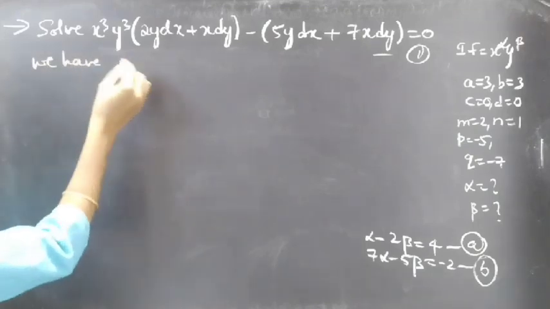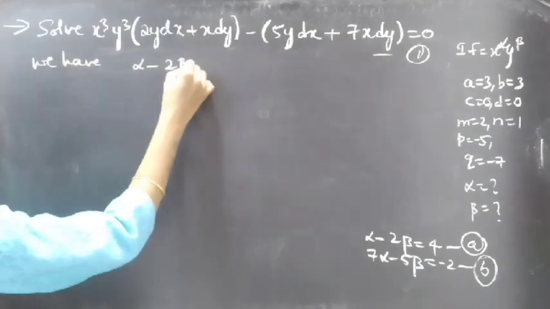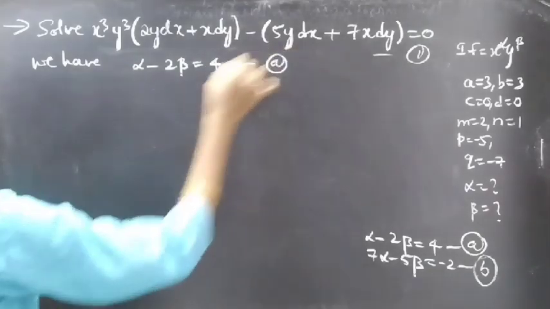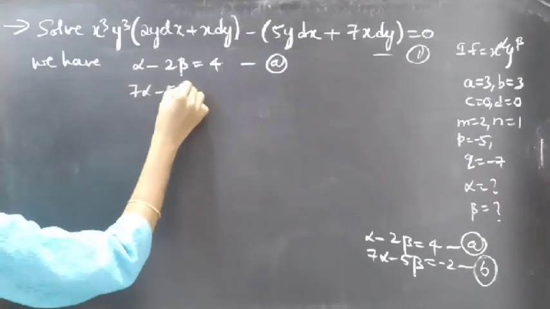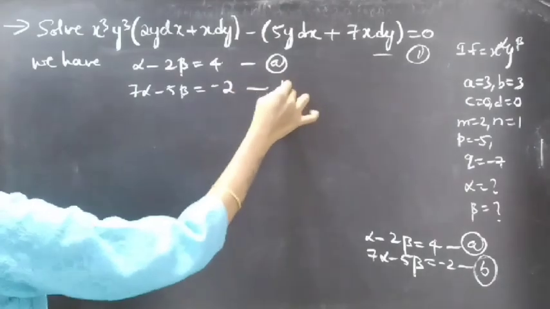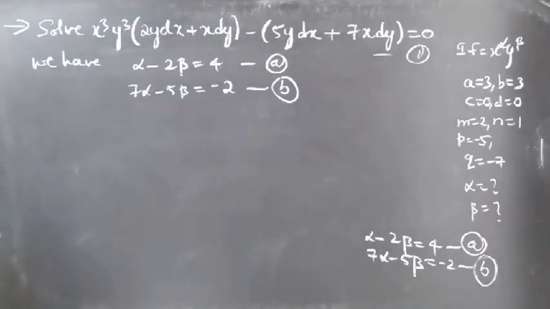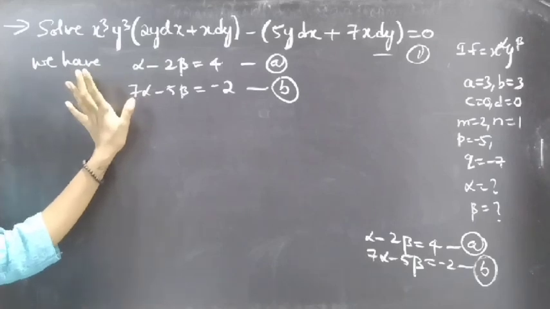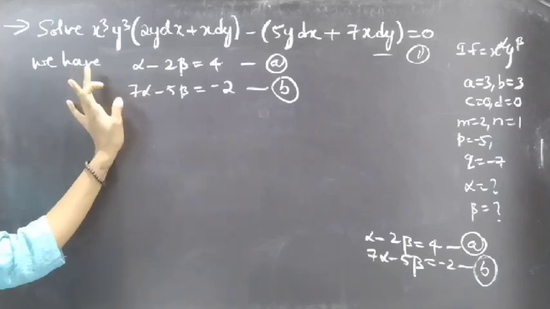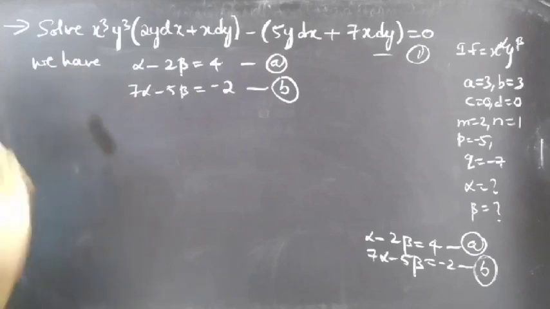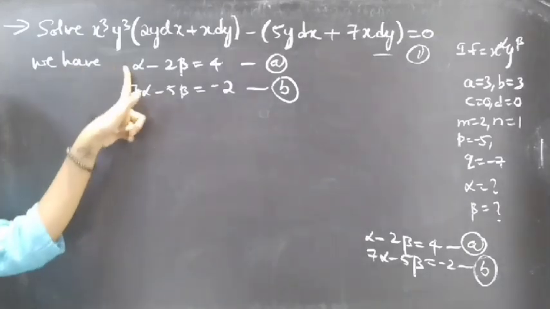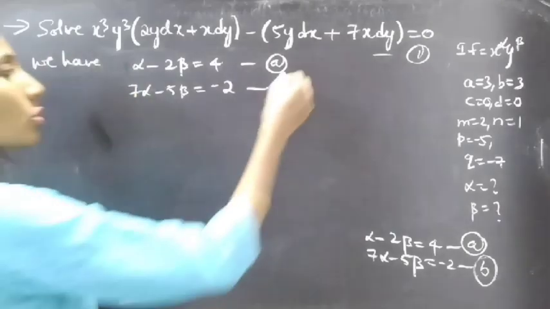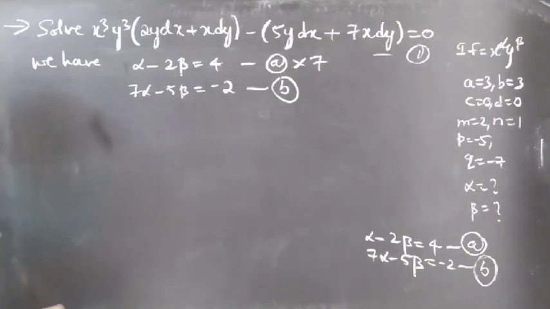We have equations A and B. I'll try to eliminate alpha from these two, so firstly I'll try to cancel the terms involving alpha. For that we need a 7 here, so we'll just multiply equation A by 7.